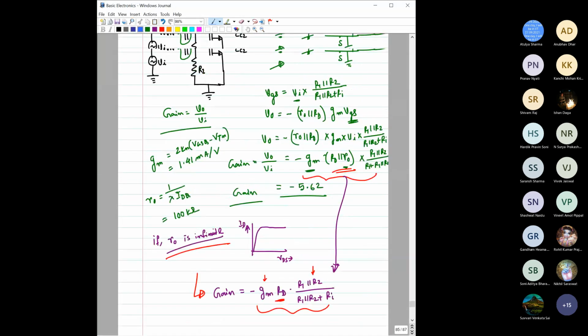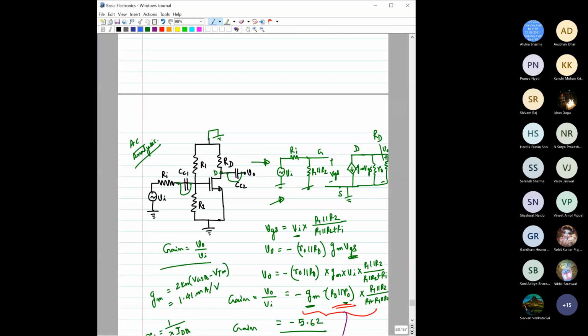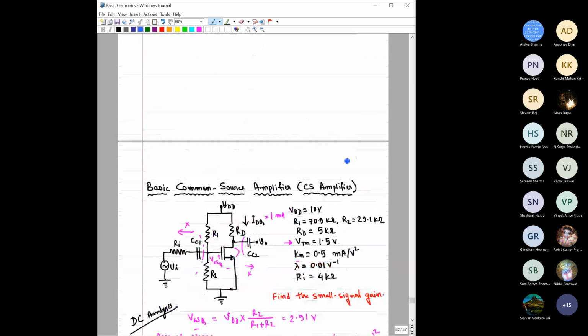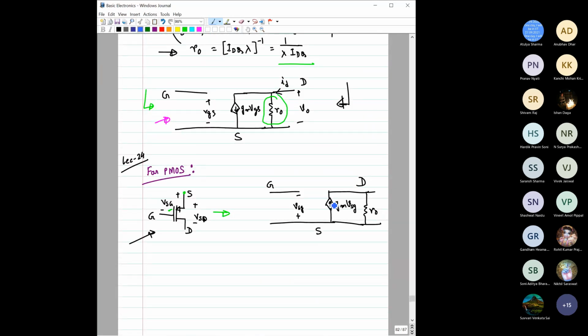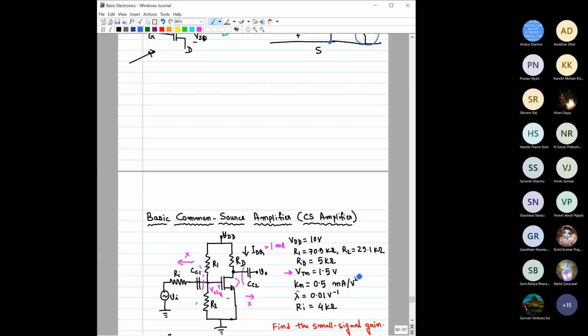Let me show you from the previous one. This small signal resistance is between the drain terminal and the source terminal. So if the source terminal is grounded, then it is fine that it is between drain and ground. But if the source terminal is not grounded, then you have to connect it between the drain and source terminals only.